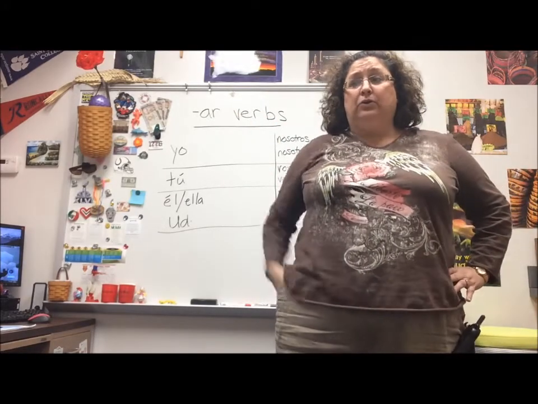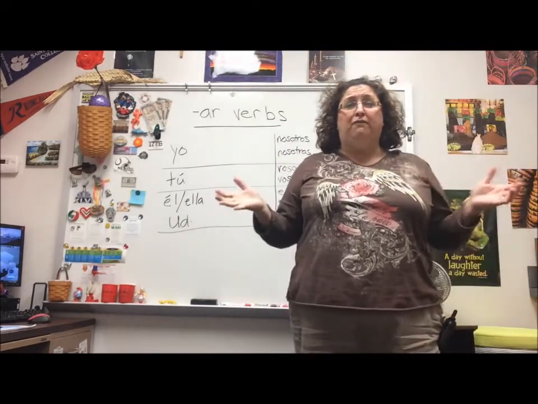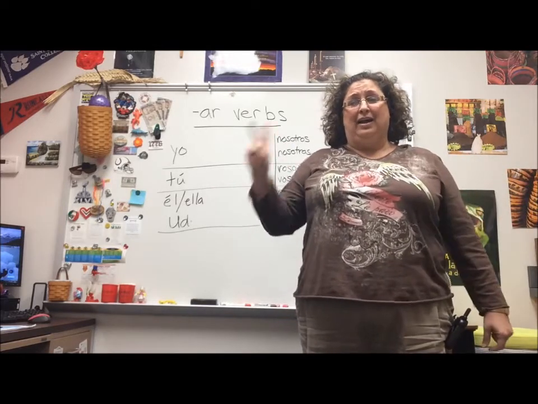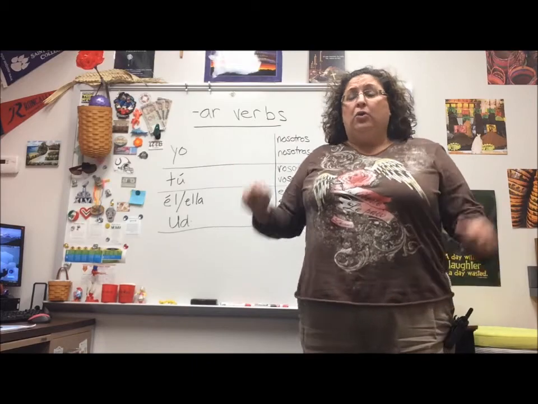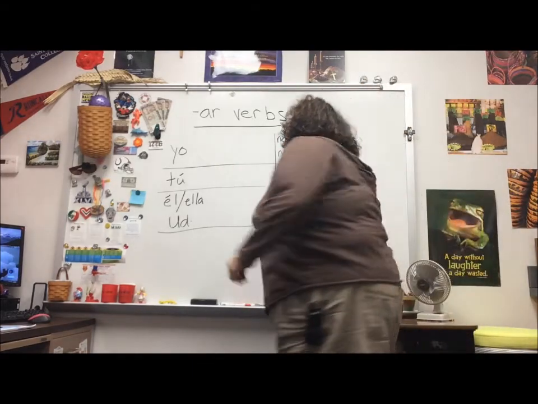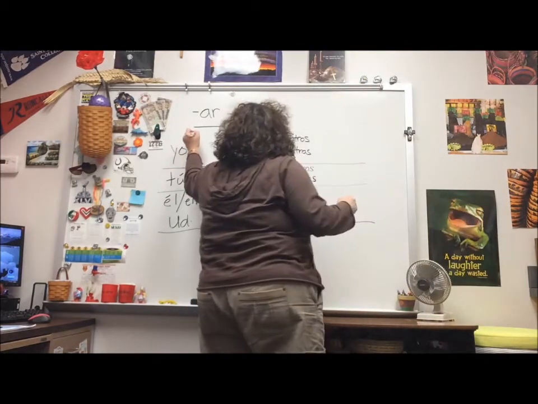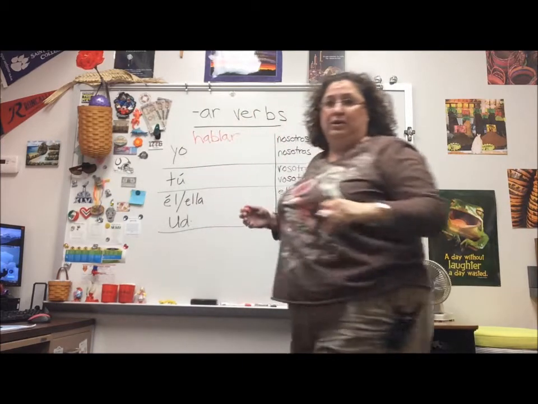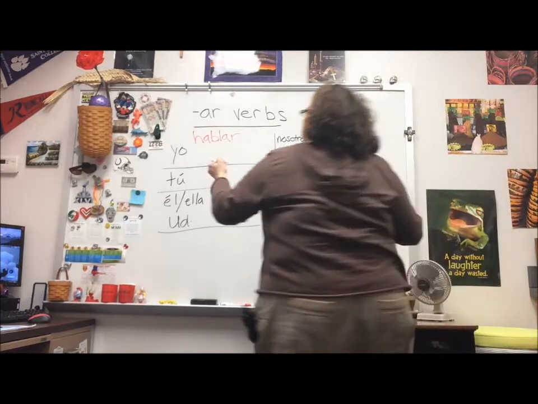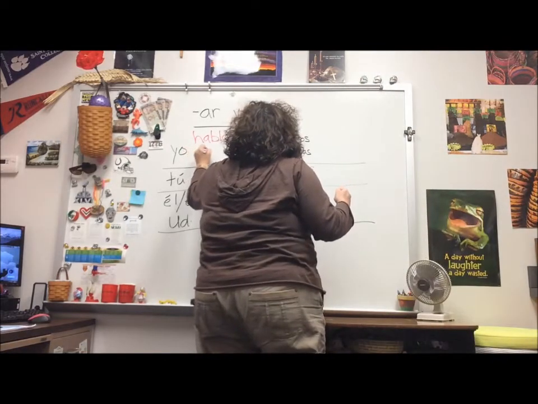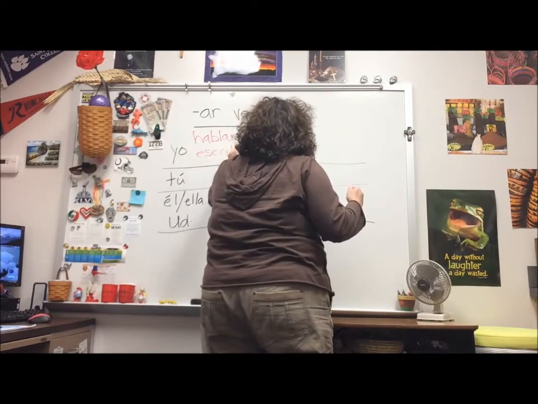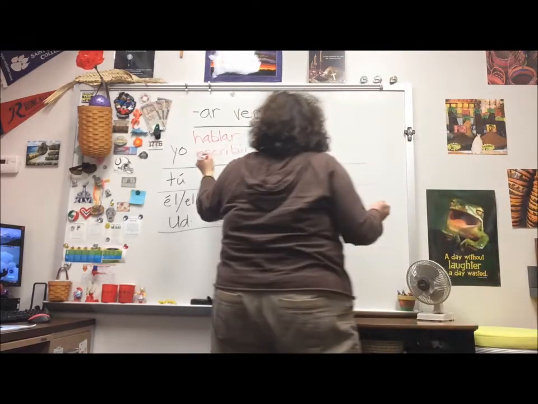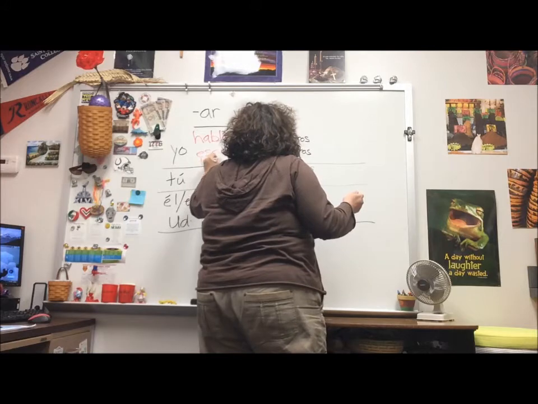AR verbs. Now, you know as well as I know that all verbs, all infinitives, end in either AR, IR, or ER. We've learned how to say things like to speak, to write, to read.